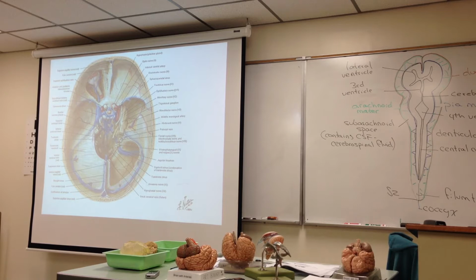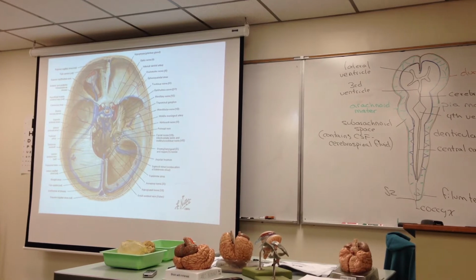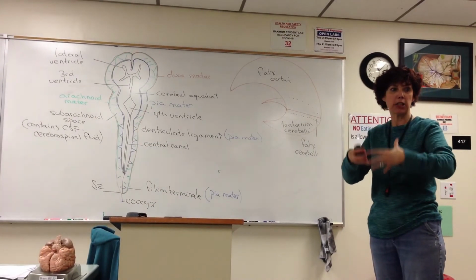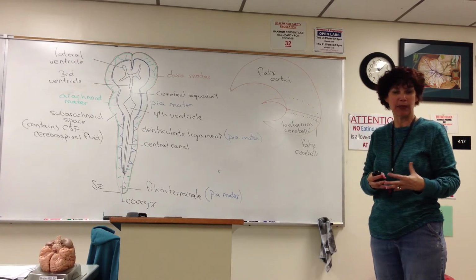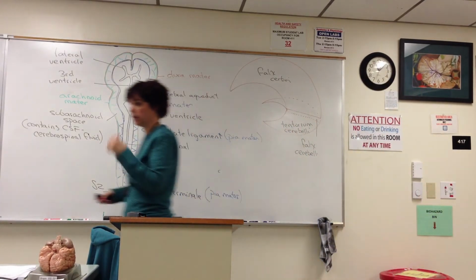So when we talk about the flow of the venous blood and cerebrospinal fluid, it's going to be within channels of the dura mater. So we're going to come back to these channels and talk about those dural sinuses. But what I want to do now, before I name those, is to look at the actual arterial blood flow. So like I said, it's a little bit out of order.